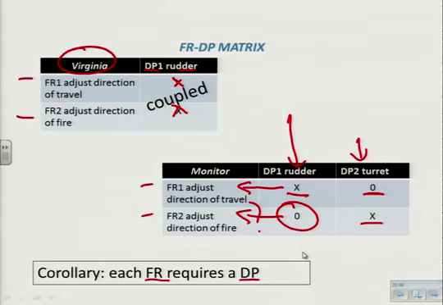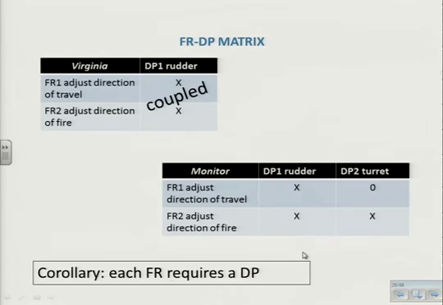All right, so now let's get back to this. Is there an interaction here or not? Is this correct? And no, it isn't, because if we think, does the rudder influence the direction of fire?